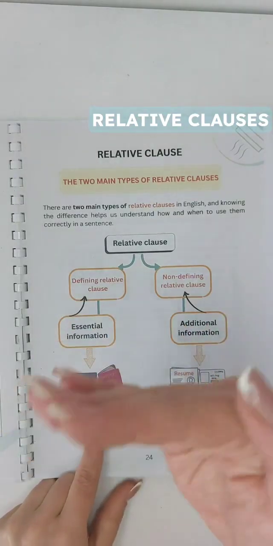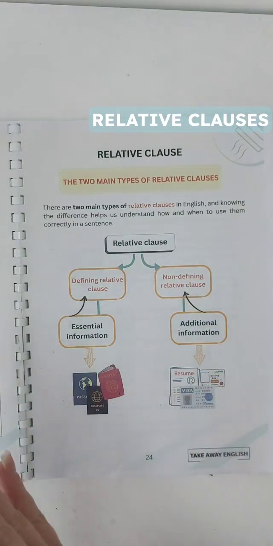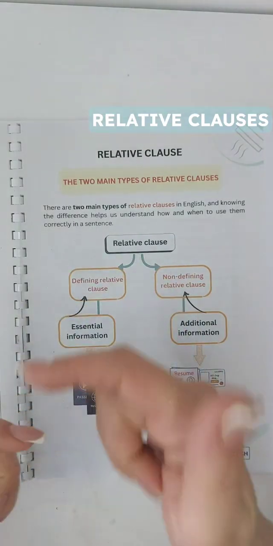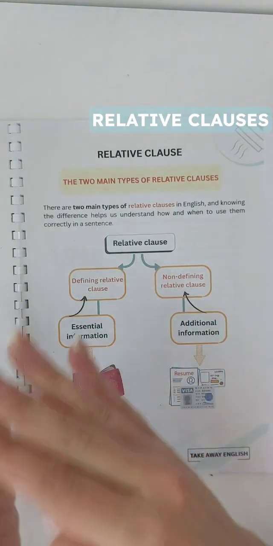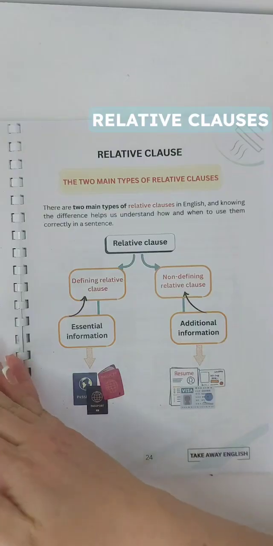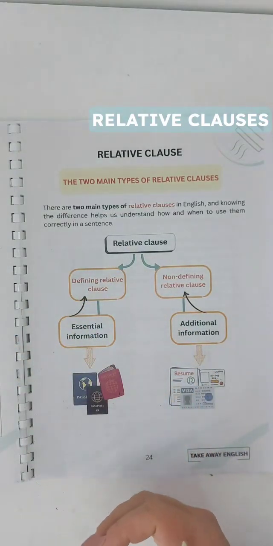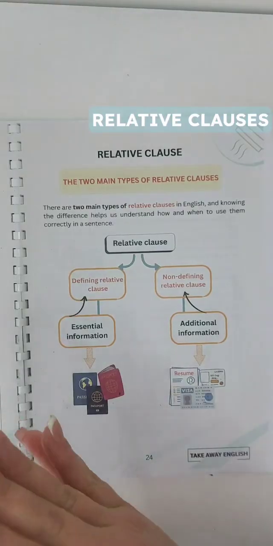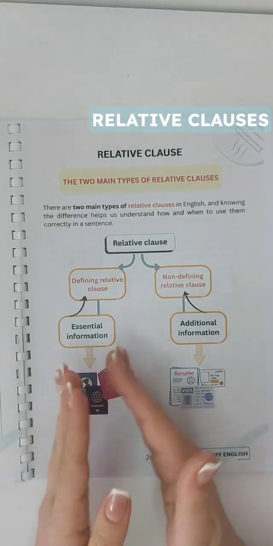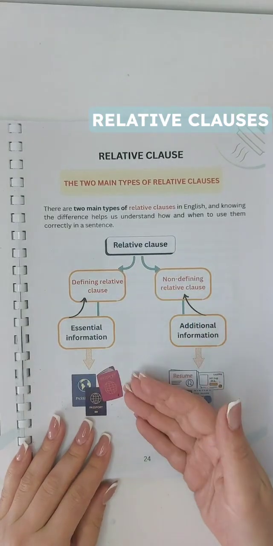Because we already know that we should be very careful with commas, right? Because commas can change the story, the idea of the sentence. The same goes with the other rules when it comes to defining relative clauses.